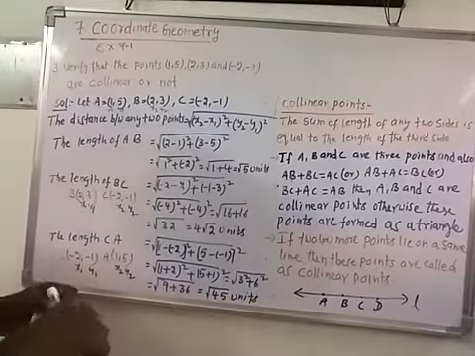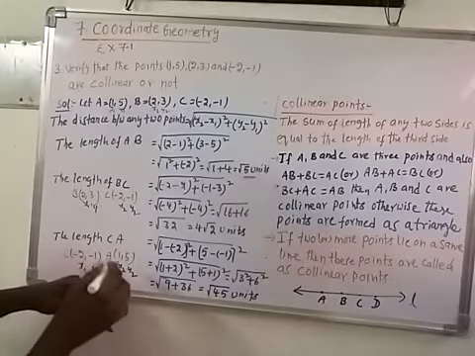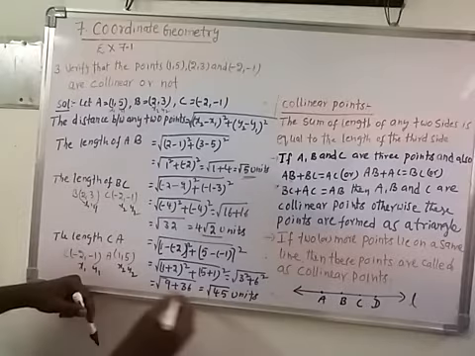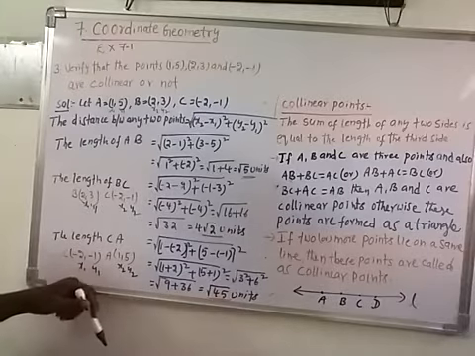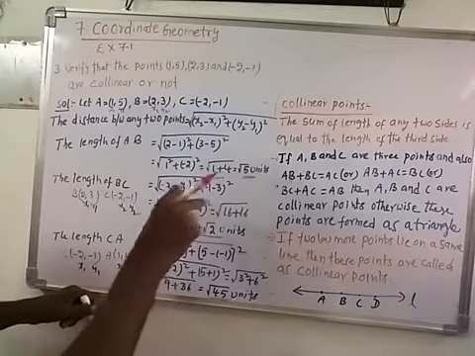And now we observe here the length of AB is square root 5, the length of BC is 4 square root 2, and the length of CA is square root 45. Here, is the sum of any two lengths equal to the third side?